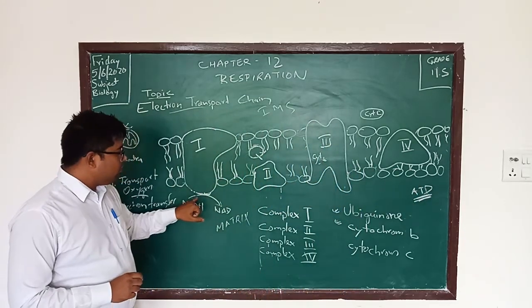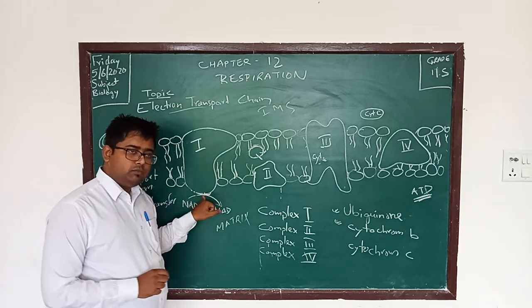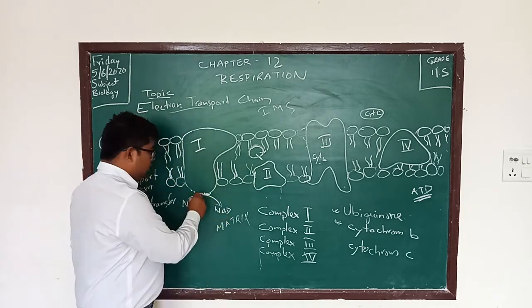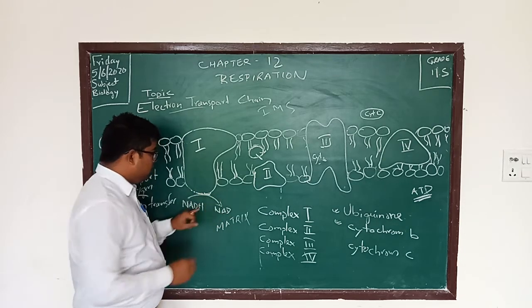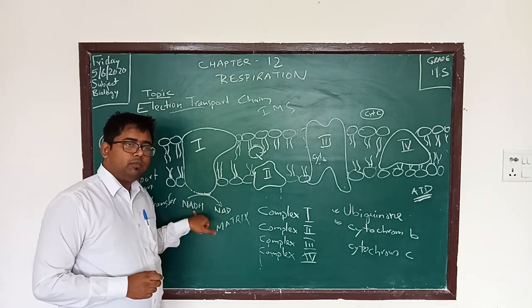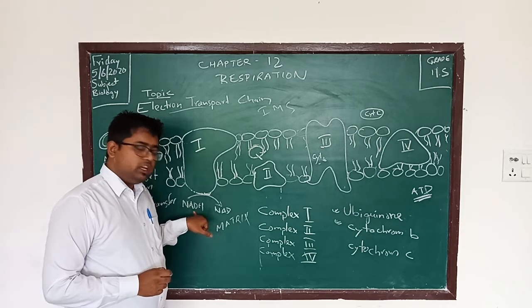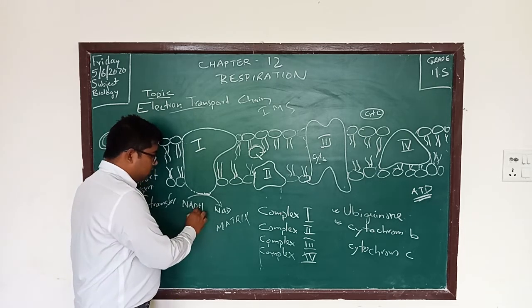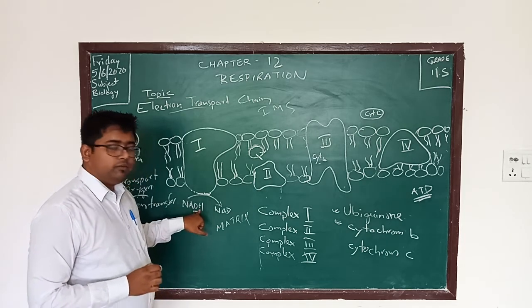Now, at this end, at complex number 1, an electron is given in. The electron is given in with the help of NADH, nicotinamide adenine dinucleotide, which is the hydrogenated form.